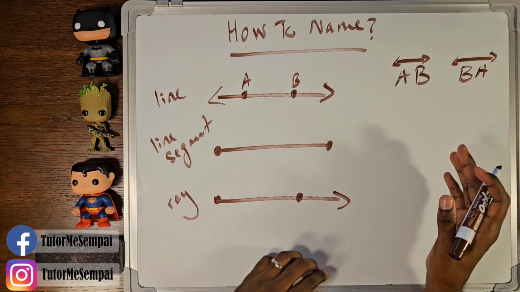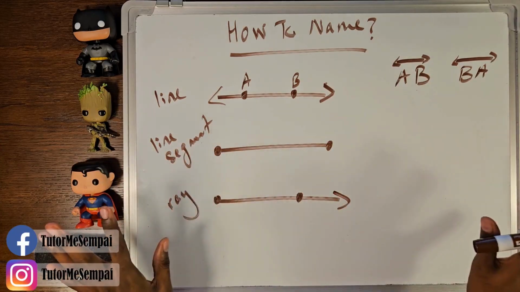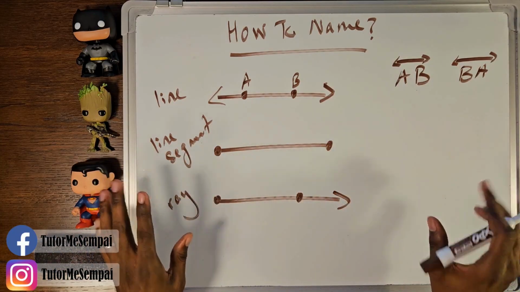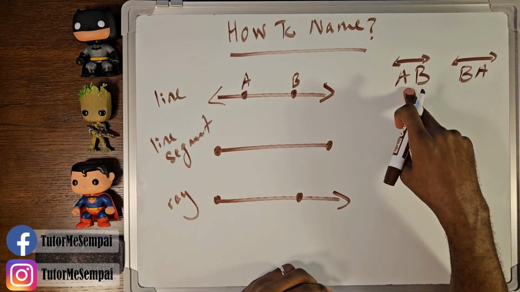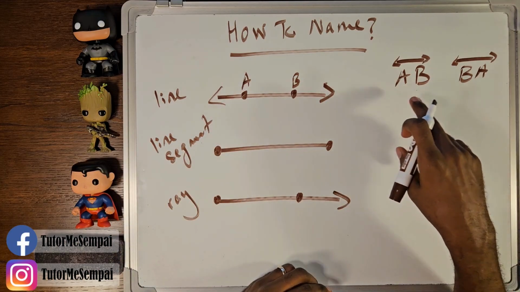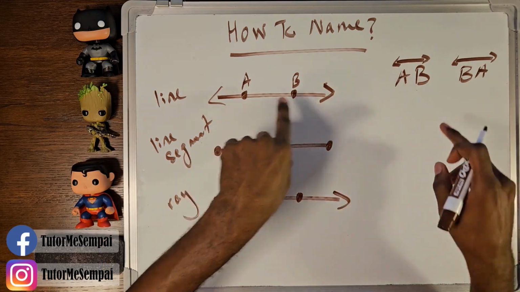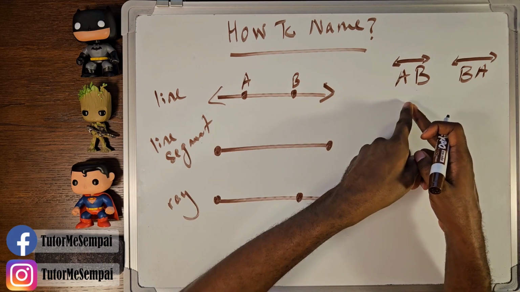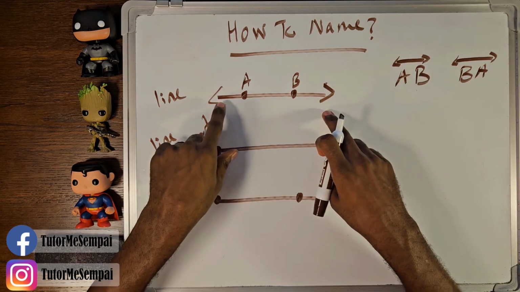That lets us know that it's going to be a line that continues on forever in both directions, does not stop, and these are going to be 2 points on that line. So once again, it doesn't matter what order you have, just make sure they're next to each other, they're capital, and what you're putting on top looks like the line itself.